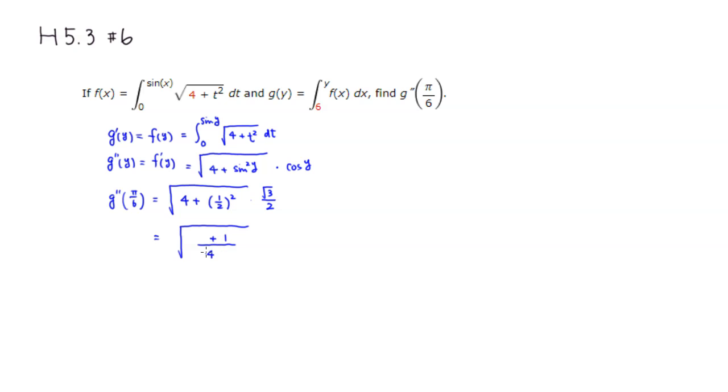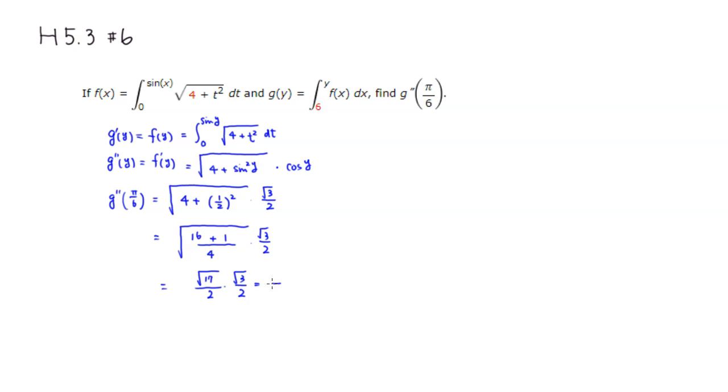And 4 is the same thing as 16 over 4, and then you multiply by square root of 3 over 2. So this is going to be square root of 17 over 4, and the square root of 4 is 2, then multiply by square root of 3 over 2.